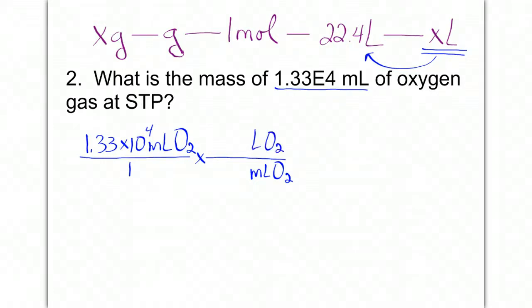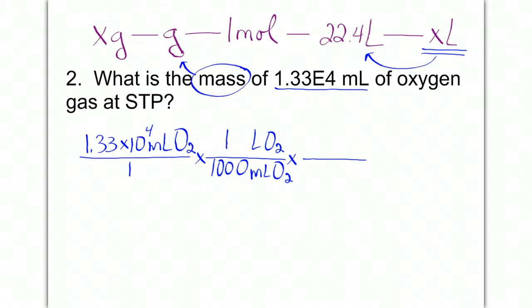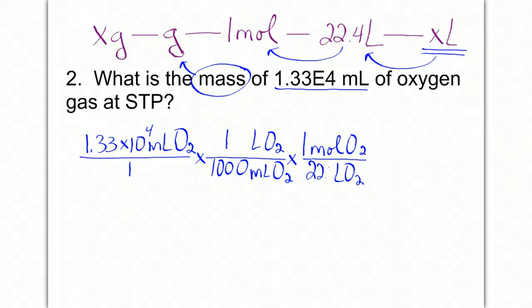We have to use the proper conversion factor. 1 liter equals 1,000 milliliters. Times, draw a line. Notice they want me to end up on mass, which is grams. So I'm going to bring down my liters of oxygen, and now I'm going to go from liters to mole. 1 mole of oxygen is equal to 22.4 liters.